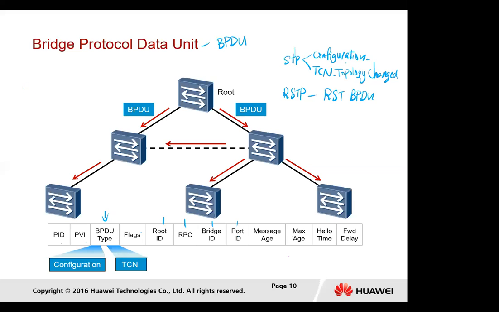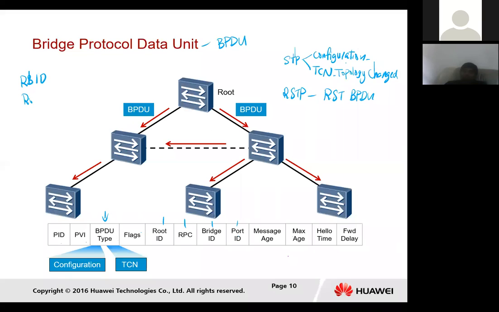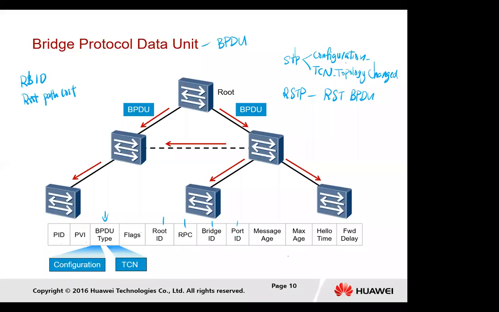Under here, they have a root ID. The root ID is called the root bridge ID. It tells who the root is and the bridge ID information. Secondly, the root path cost, which is the path cost of every single non-root bridge to the root bridge.